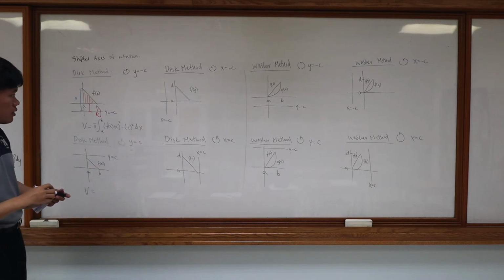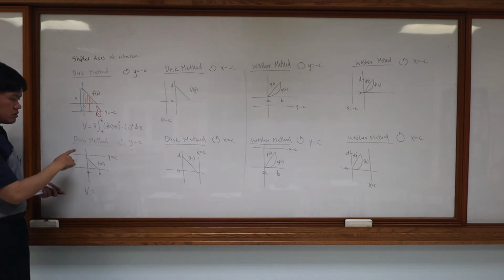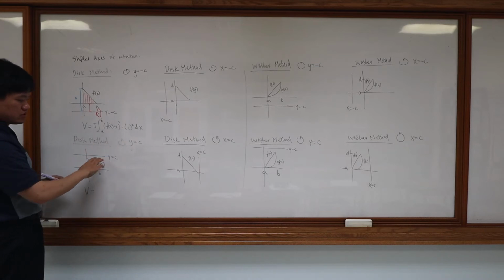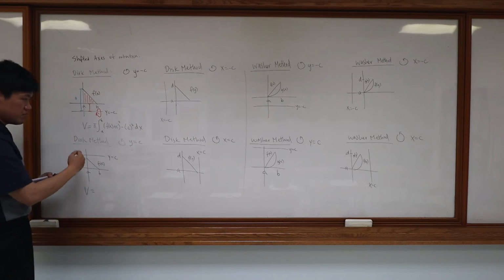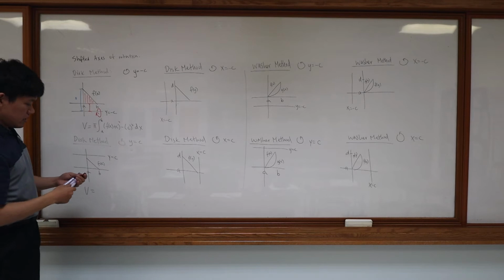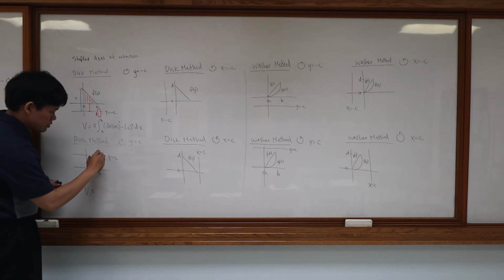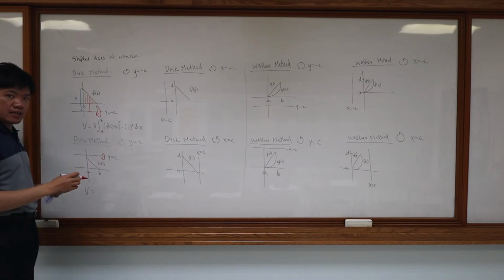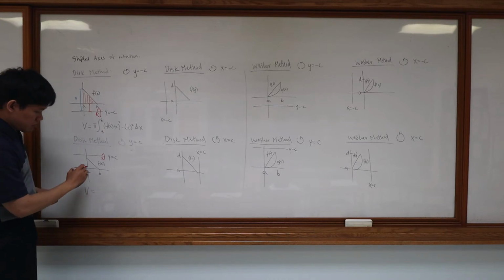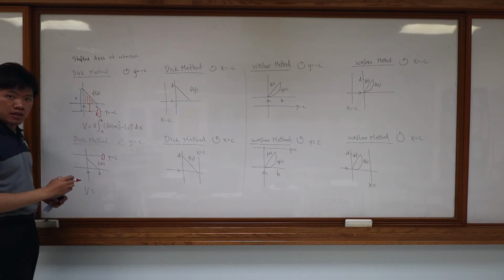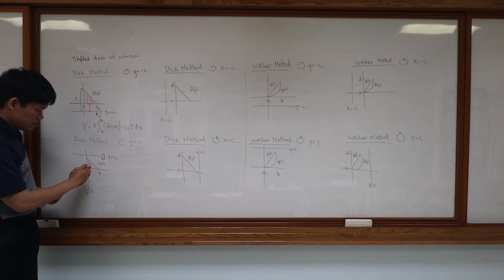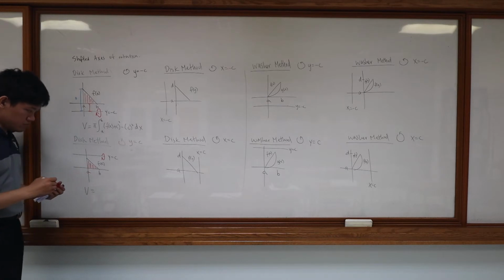Now, the second example is where the axis of rotation is above the x-axis, above my curve. Again, let's show the direction of integration, not the axis of rotation, and because it's parallel to the x-axis, it's going to be vertical as well.